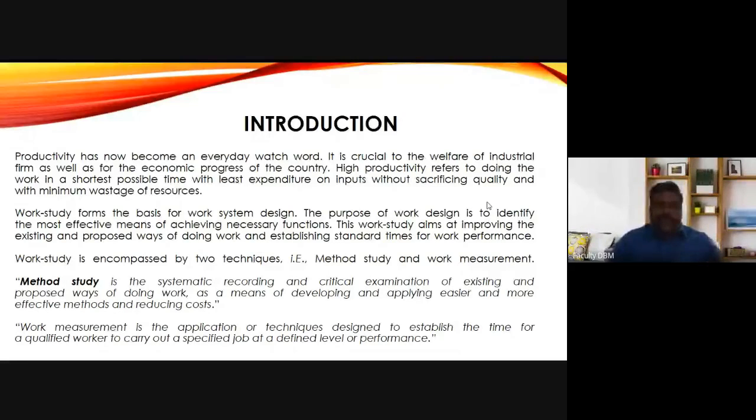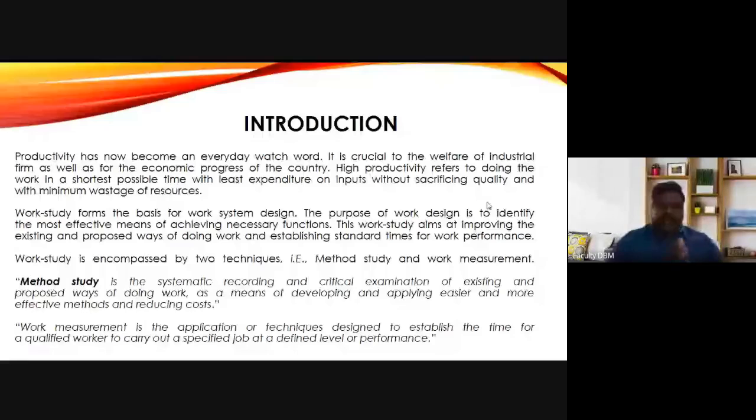So method study is a systematic recording and critical examination, analysis of existing and proposed ways of doing work.